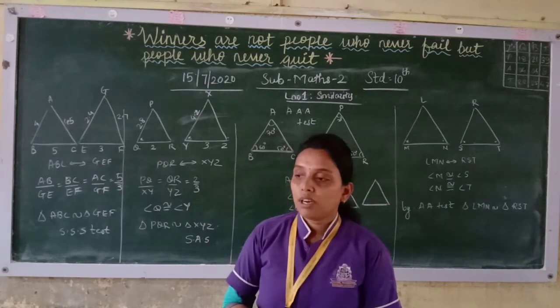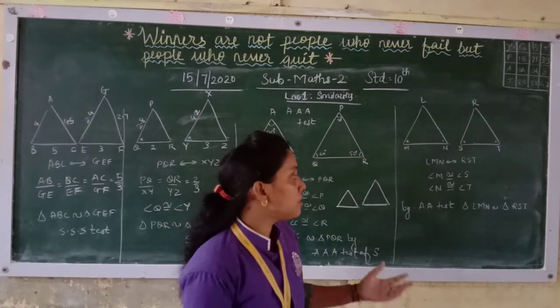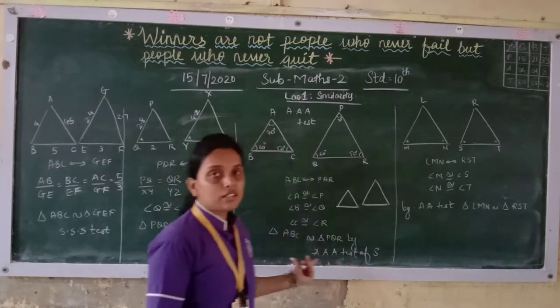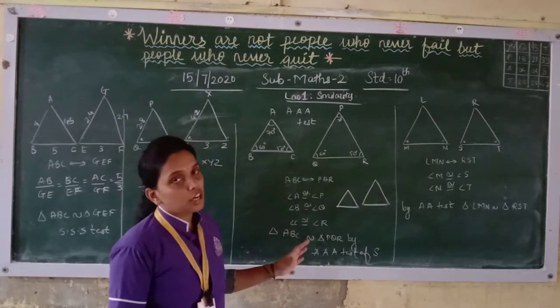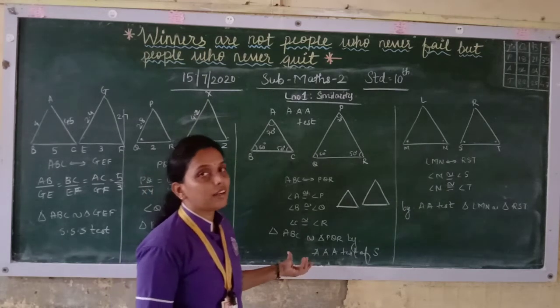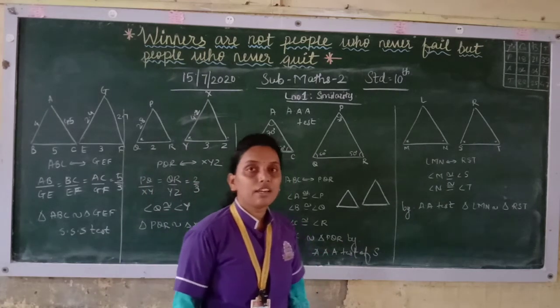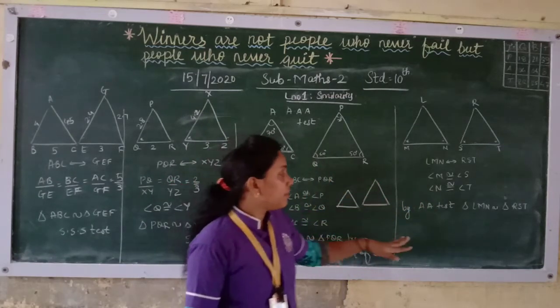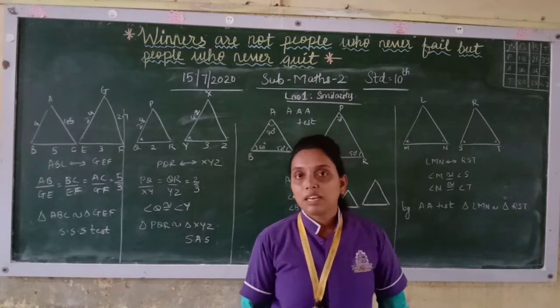So remember, for similarity, which tests can we show? First one is the AAA test. If any three angles are congruent, you can show that the two triangles are similar by the AAA test of similarity. And if two angles are congruent, then it will be by the AA test of similarity.